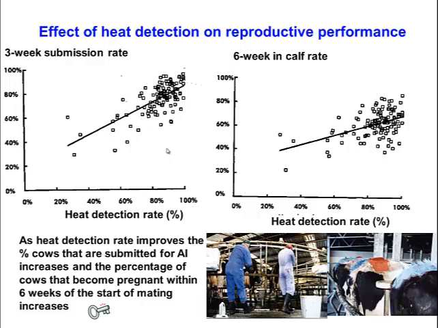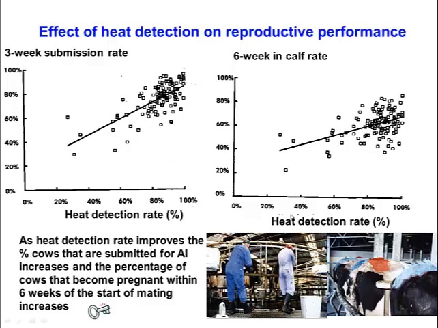The problem with that situation is that they start picking cows that are not in heat and saying that they're in heat, and then of course those cows won't get pregnant when you inseminate them. So that's kind of the opposite extreme end of the system, where yes, you want to detect cows in heat, but you want to make sure that it's accurate, that those cows actually are in heat.